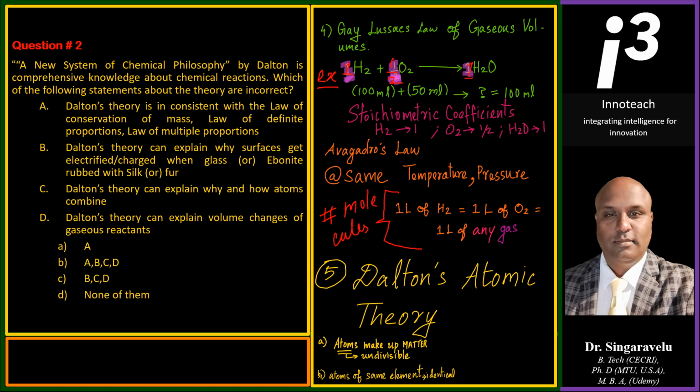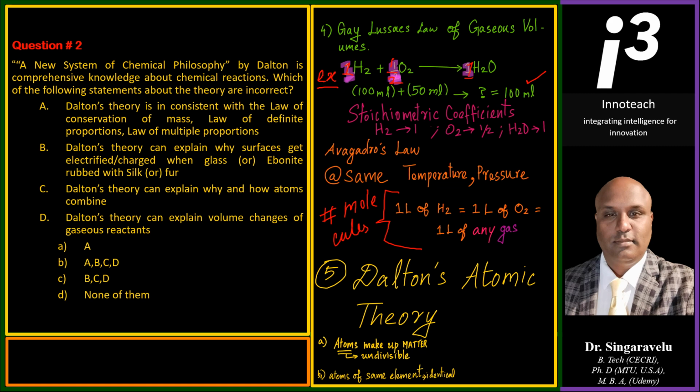If we have 1 mole of hydrogen and it combines with half a mole of oxygen to give 1 mole of water, the product volume is equal to the coefficient of hydrogen, which is 100 ml. So this is what Gay-Lussac's law of gaseous volumes means.